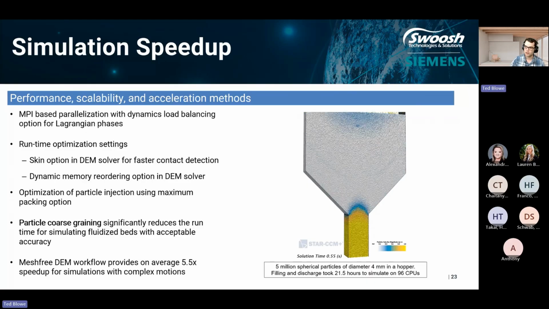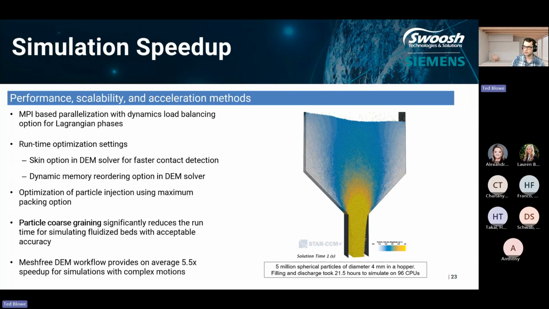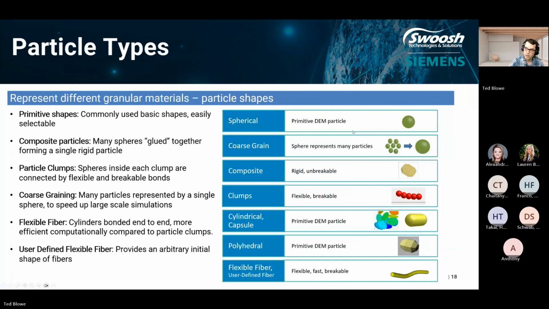Simulation speedup is a pretty big concern with DEM simulation because of the added computational cost of modeling the DEM phase, especially when you have very high particle loading. There are different techniques and options. For example, there are the two different particle types that I mentioned before. Let me just go back to that slide.